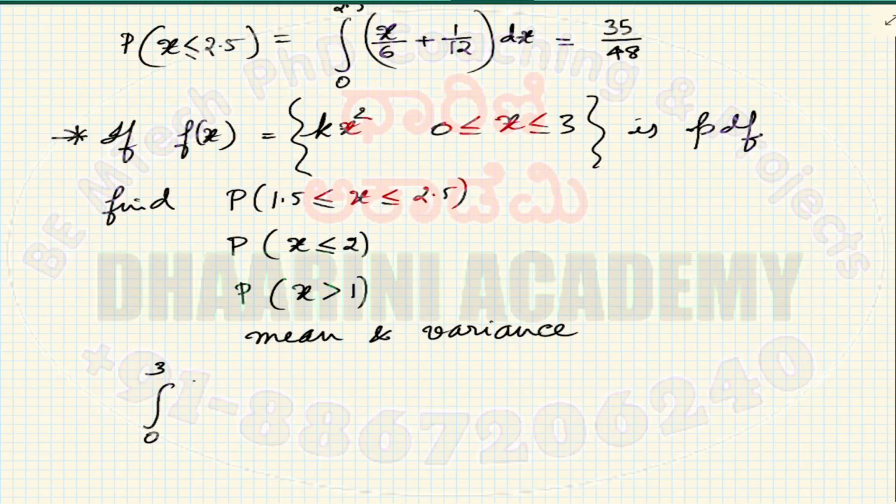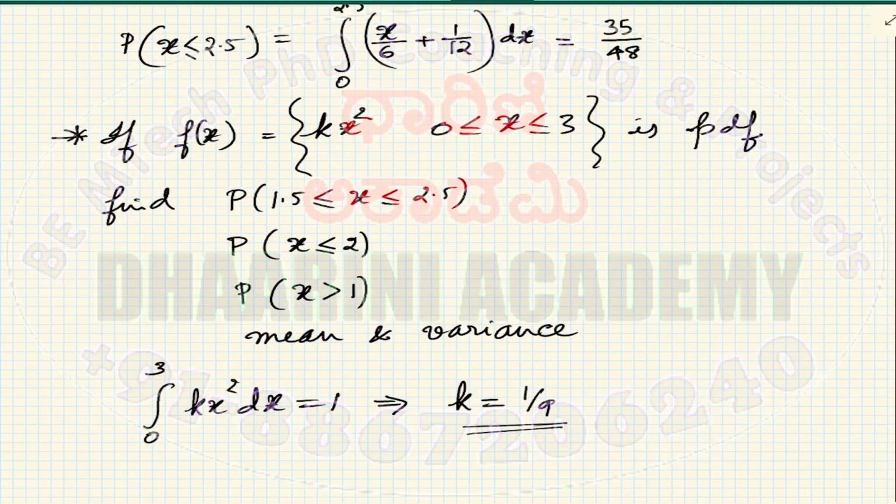The integral of f of x dx equal to 1, and we do that from 0 to 3. The integral of k x squared dx equals 1. Correct. So this is going to generate k times 9 equals 1, as 3 cubed by 3 is 9. Okay, the value of k comes to be 1 by 9.